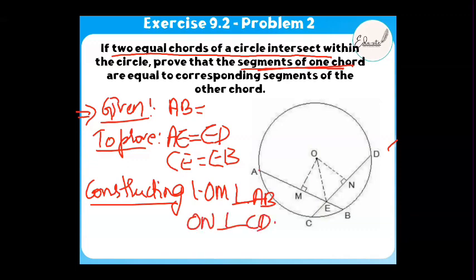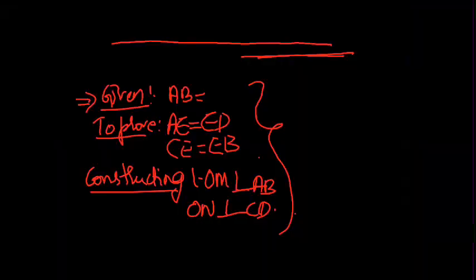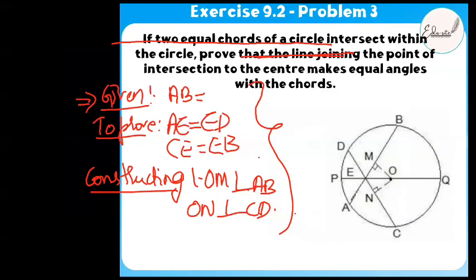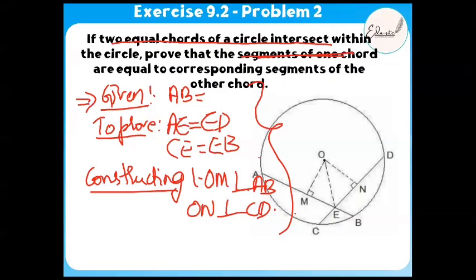Then we are just joining OE. We do not have to, but let's join OE. We'll see why we are using this OE here. Okay, chalo. This is everything given, to prove, and the construction done. Now we'll quickly start with the proof.